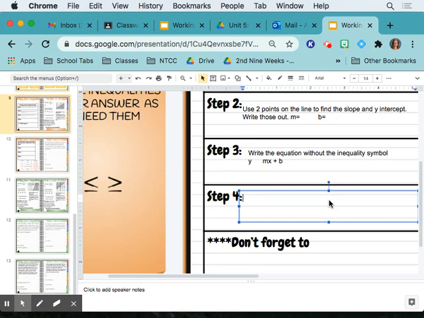So I'm going to determine how the shading is done, either above or below. Fill in the correct inequality symbol.